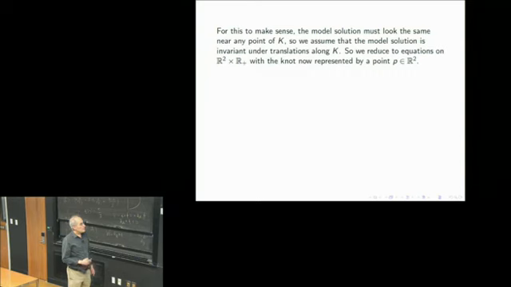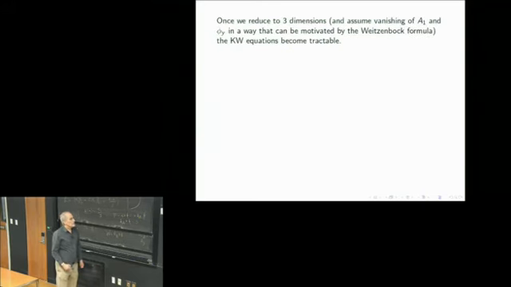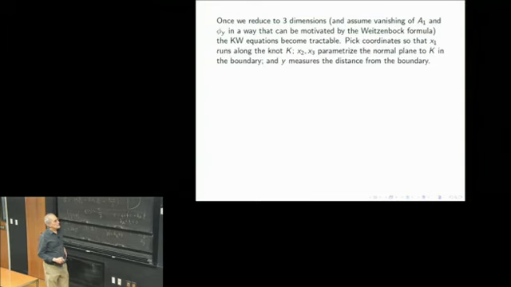So we reduce to equations on R2 times R plus with the knot now represented by a point in the boundary. So there's a slightly simpler picture. We're in 3 dimensions, and something funny happens at one boundary point. Once we reduce to 3 dimensions, the KW equations become tractable. So first of all, you can motivate setting phi y to 0 by a Weitzenbock formula.